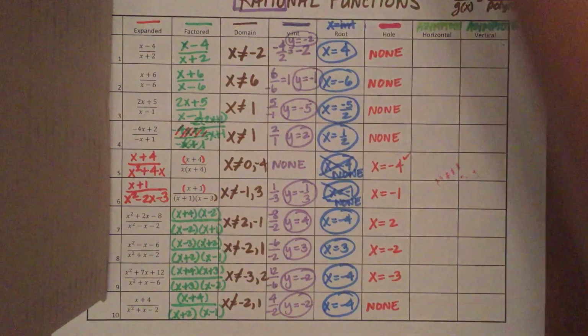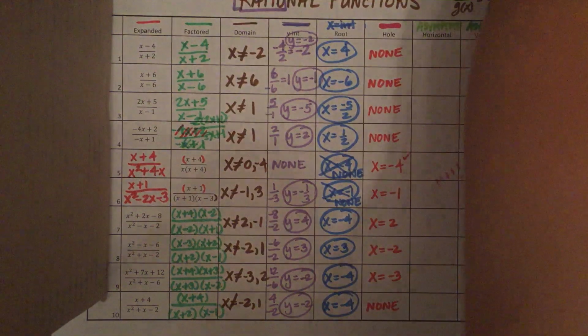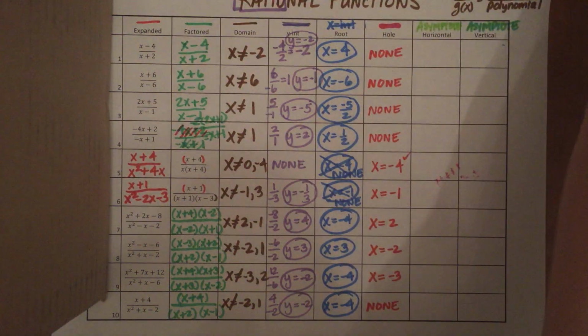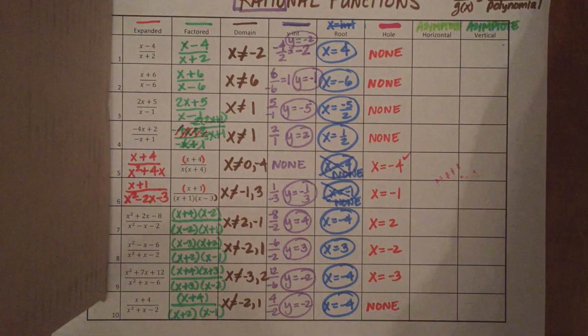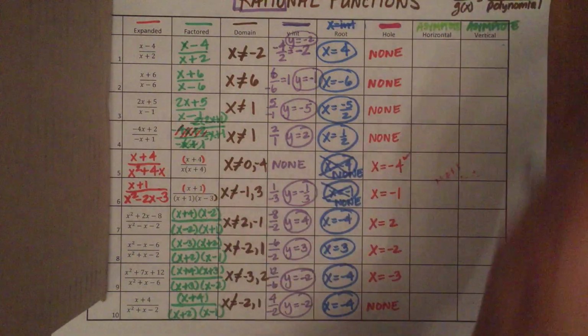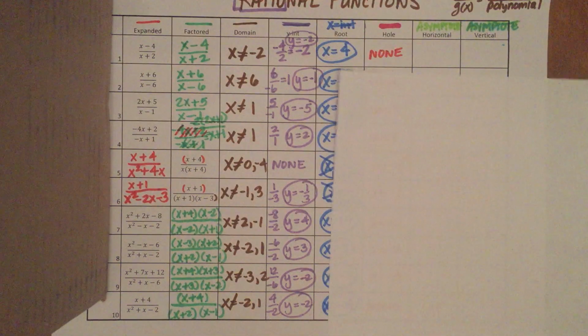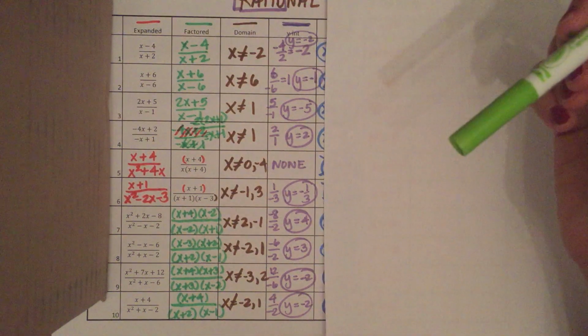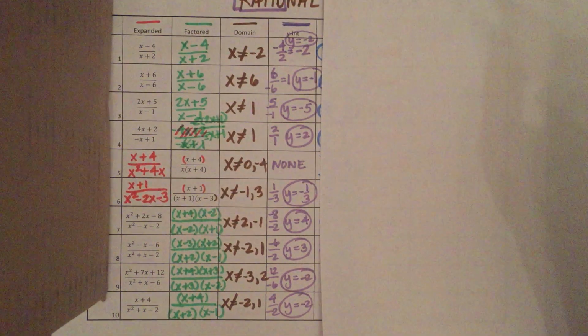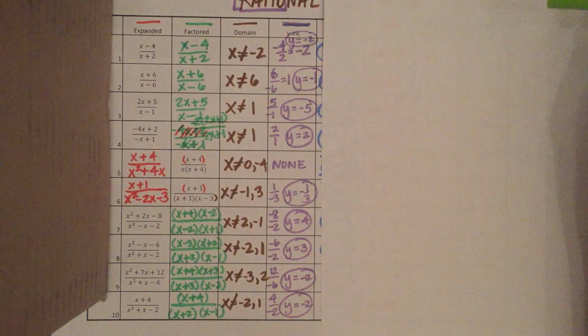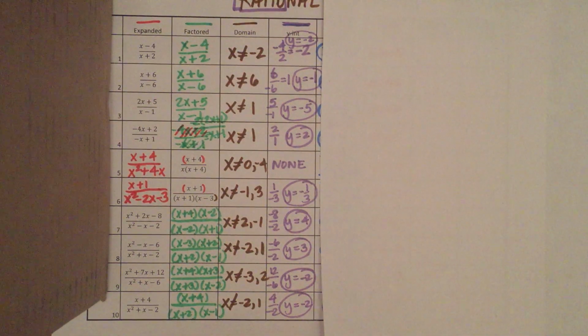Let's just do a different page altogether, so that'll be a little bit more helpful for you guys. The horizontal asymptote is the asymptote where you have a horizontal line which has every point on it that has the same y coordinate that the function will never reach or touch.